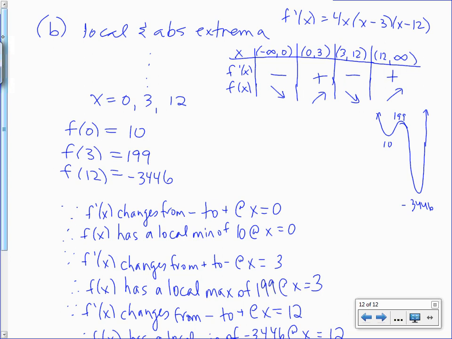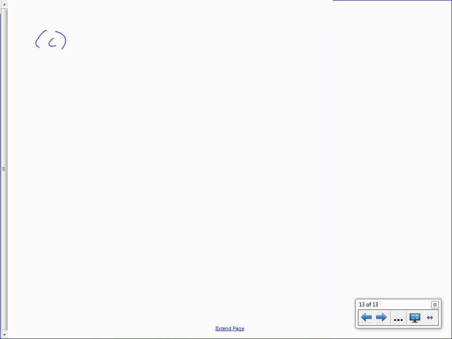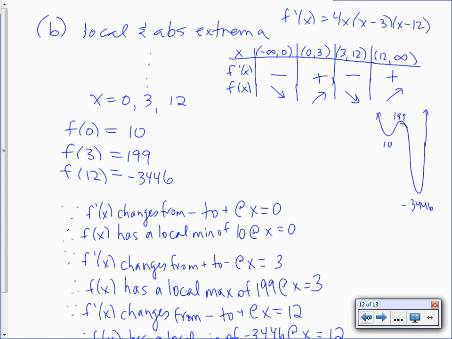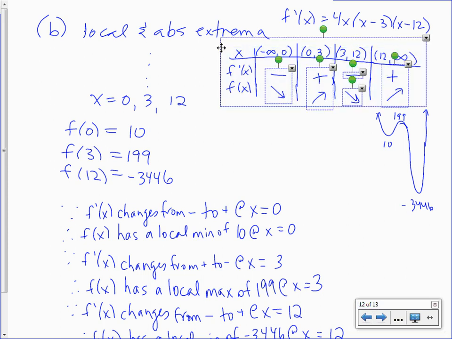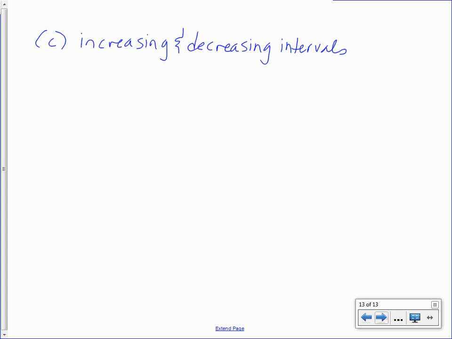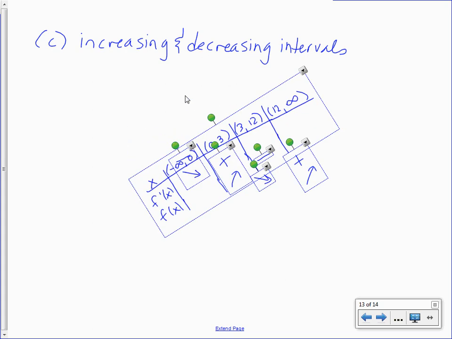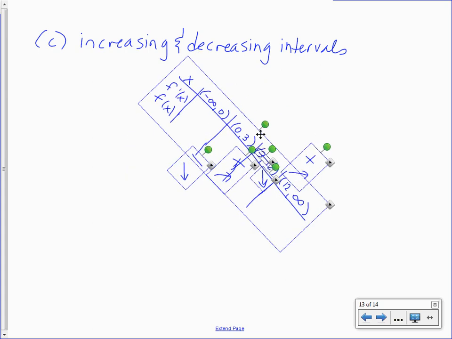So if the question was determine increasing and decreasing intervals, okay, I'm going to cheat. Copy. Okay, so, look, it's dancing. Okay, sorry.